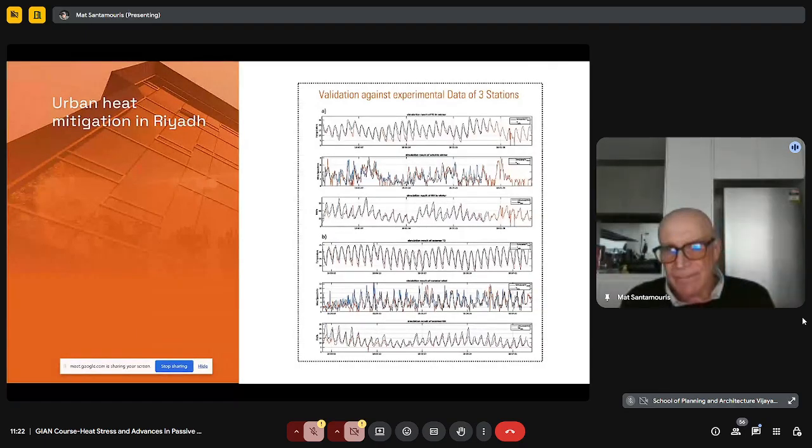This is extremely important for such a study. If you don't perform this kind of analysis, you are not sure about the quality of your data and the quality of your predictions.